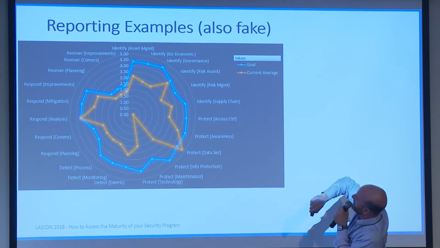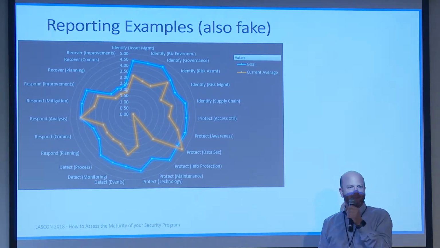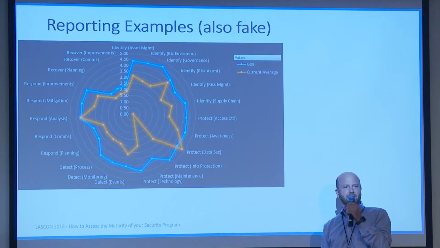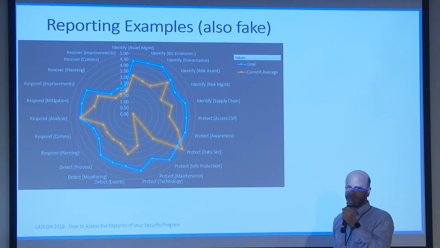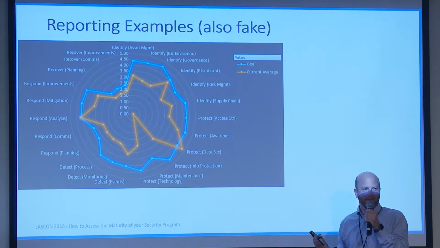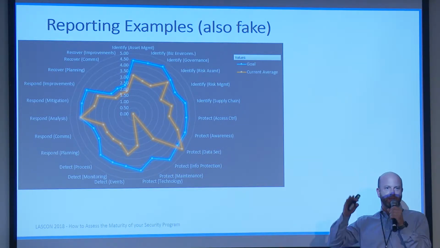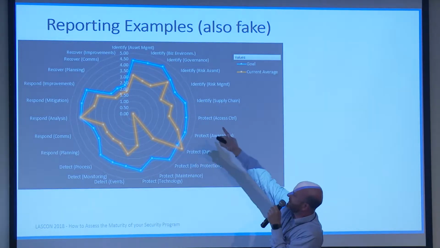And you can say, Jaffa, you talked earlier about what's our goal? We don't want to be perfect at everything we do. We need to dedicate our resources to what's most important. So for some controls, we may want to be close to perfect. Others are not important enough for us in terms of mitigating risk that we need to operate them at full maturity levels. So in blue, you can see we have goals defined.